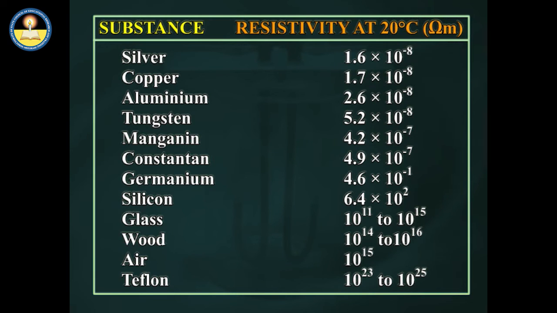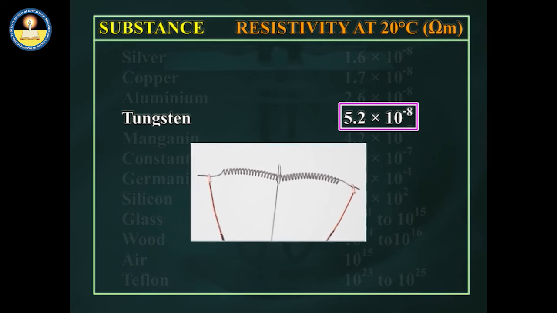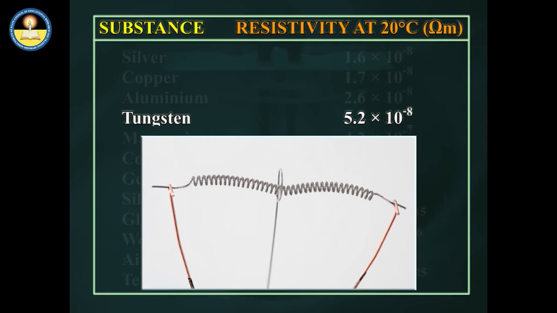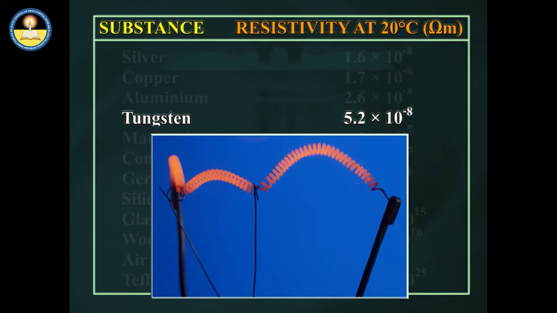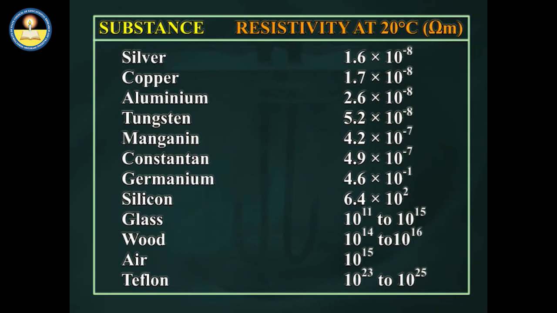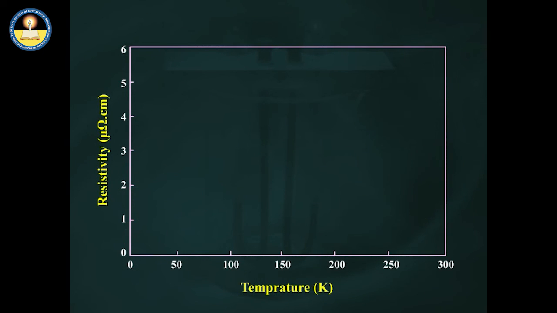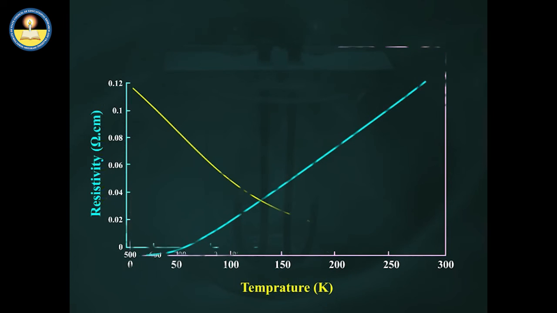Do you know that the filament of an electric bulb is made of thin tungsten wire? Because tungsten has high resistance, as well it oxidizes at very high temperature. For most of the metals, the resistivity increases linearly with increase in temperature over a temperature range of about 500 Kelvin above the room temperature.